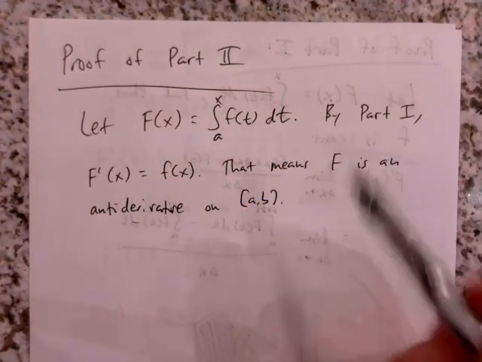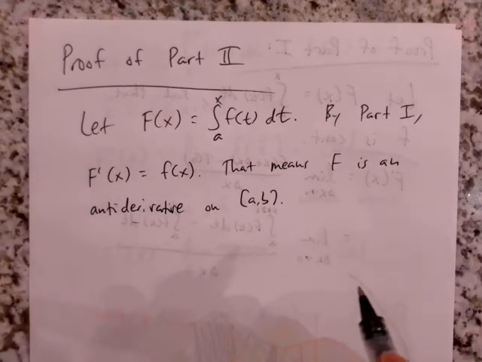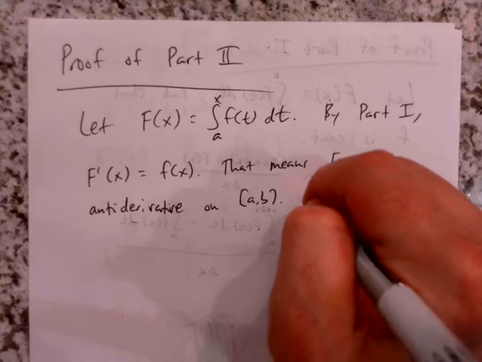If big F is an antiderivative, that means that so is big G, where big G differs from big F by a constant.